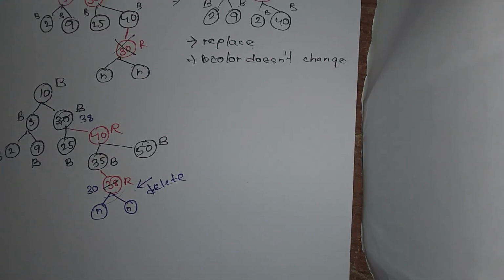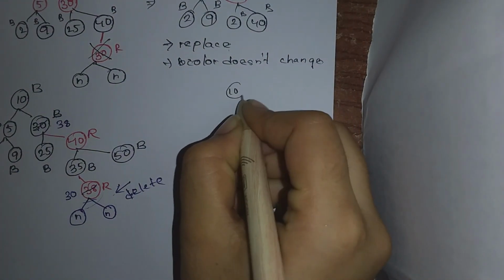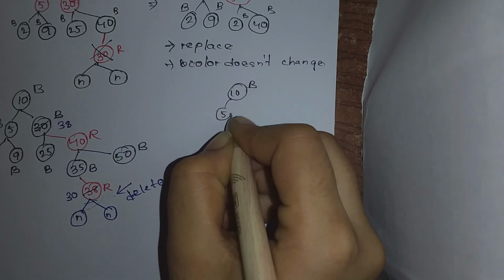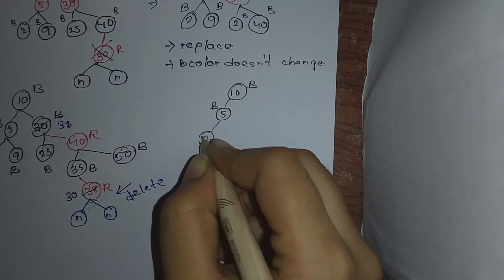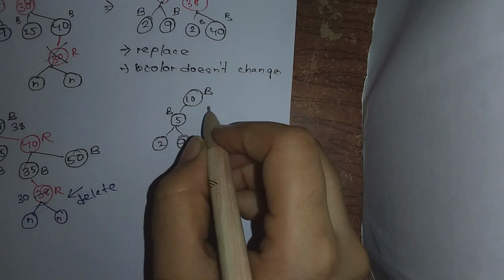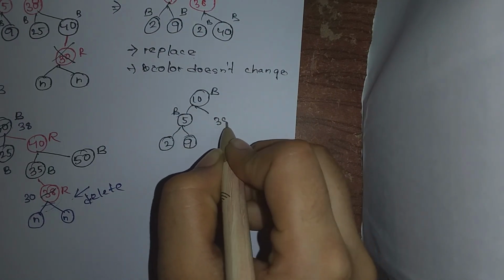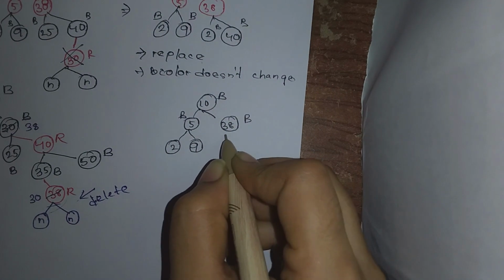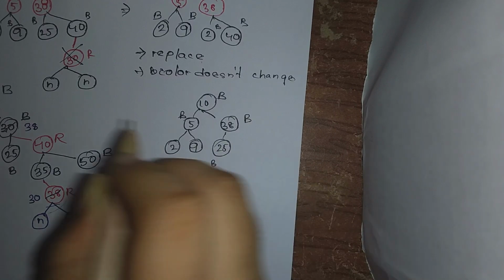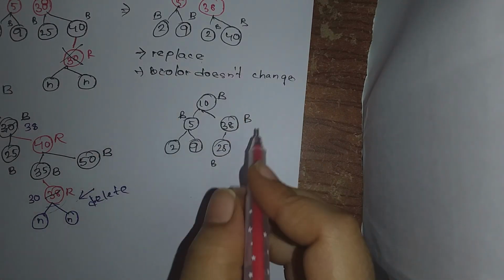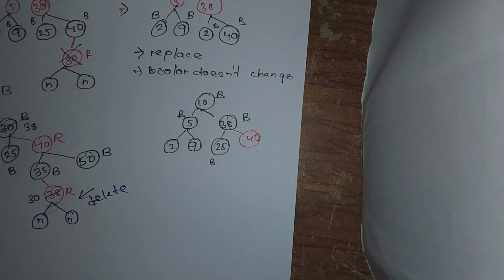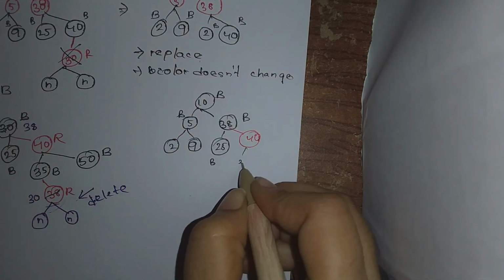And the final tree after deleting the 38 would be this. The replacing color doesn't change. Remember this point, the most important point up to step 3. That means here we are just deleting the red node, not the black.